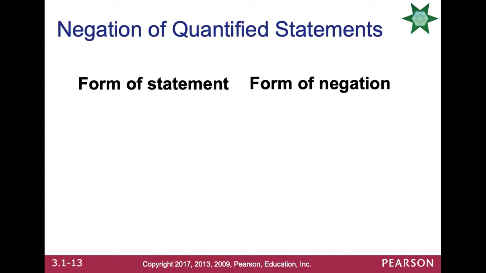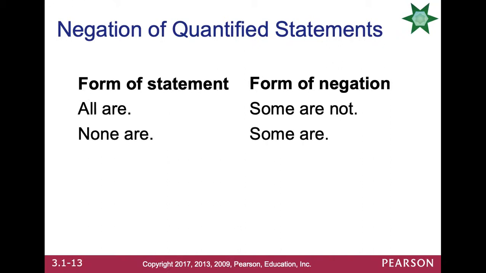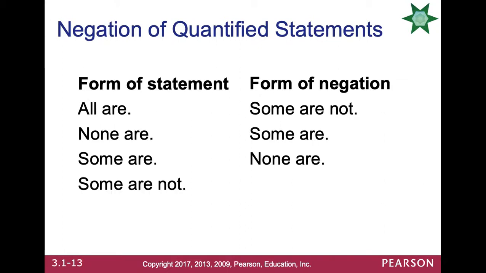So in the case of all, it would be not all or some. In the case of none, there will be some. So let's say all are, some are not. None are, some are. Some are, none are, some are not, all are. So these are the ways that you would negate a statement that has quantifiers in it.